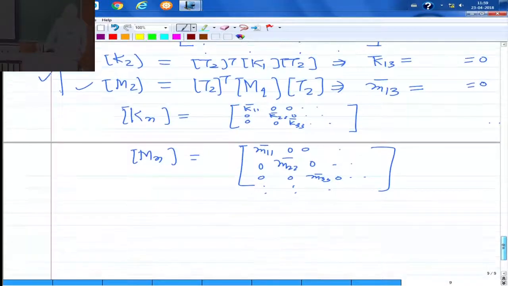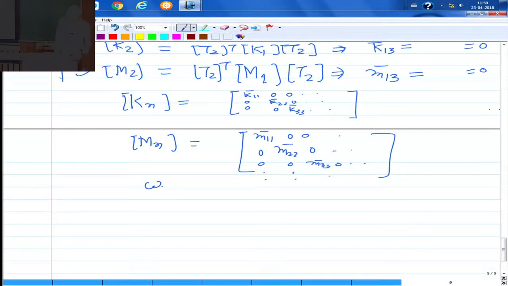So once you get this, you can simply say that omega 1, the first natural frequency, is simply K11 bar by M11 bar, or you can say the ith natural frequency squared is Kii bar divided by Mii bar.